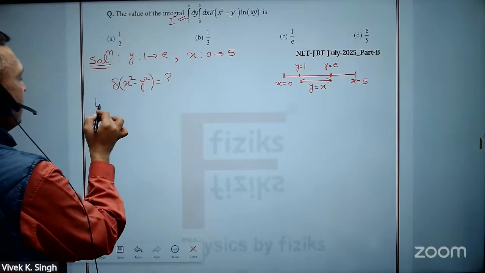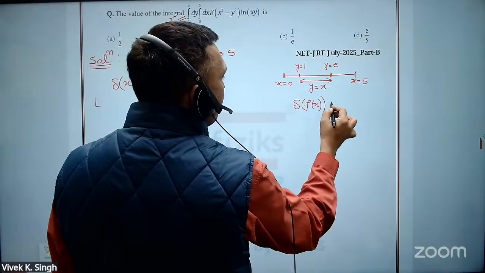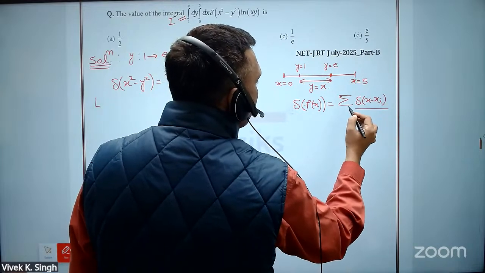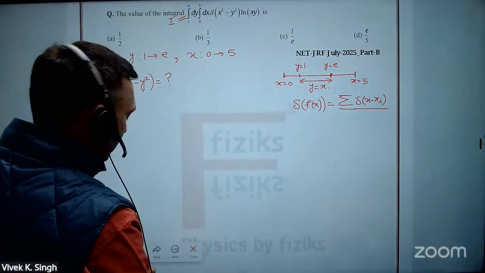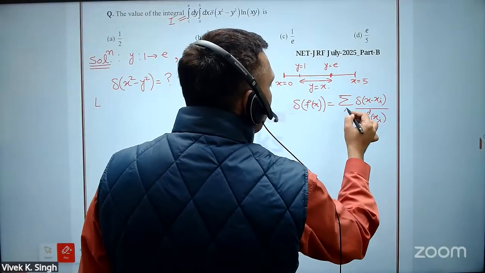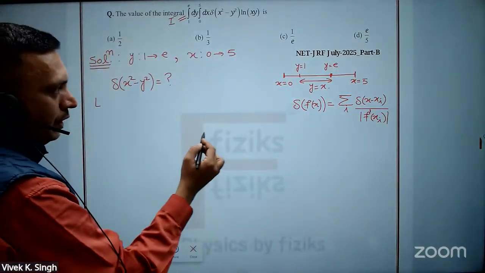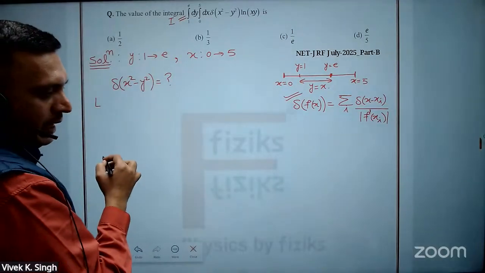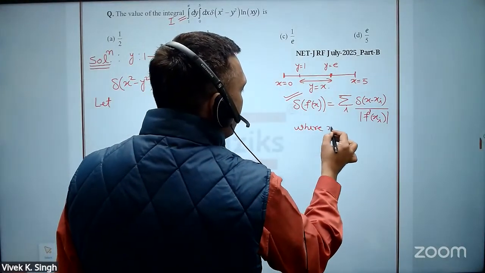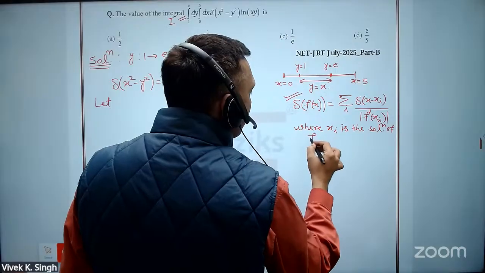For that, you know the general result that delta of f(x) is given by the summation over delta of x minus xi divided by mod f dash xi, where xi is the solution of f(x) equal to 0.